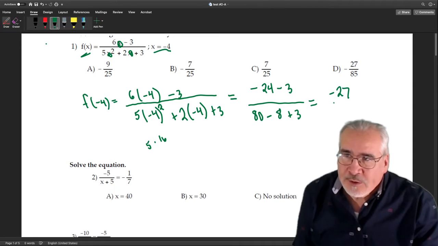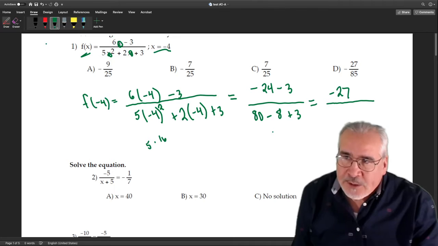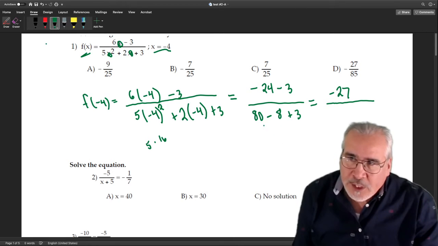In the denominator, we get 80 minus 8, working left to right. That's going to give us 72, and then we add 3 to that, giving us 75.